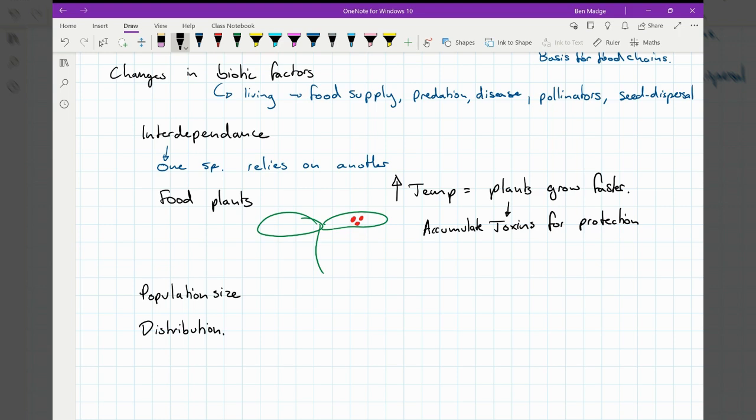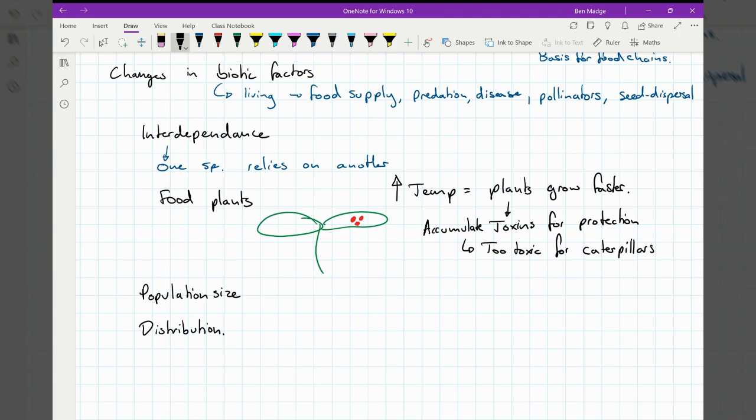If the plants grow faster, they can accumulate toxins faster, and this means that they become too toxic for the caterpillars. Whereas in the past, the plant grew a bit slower and the toxins didn't accumulate fast enough to become too toxic for the caterpillars. So the food plant, even though it is growing better than it ever has before, is now no longer available for our caterpillars.